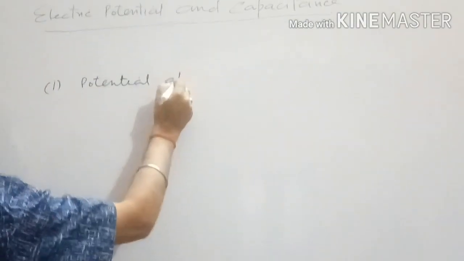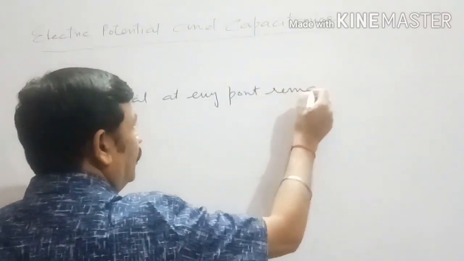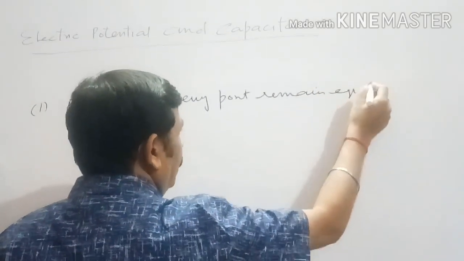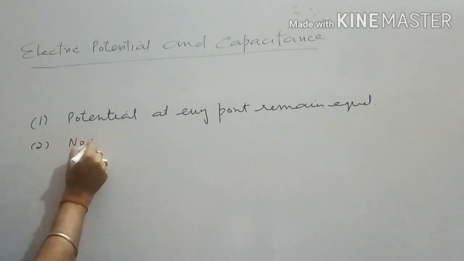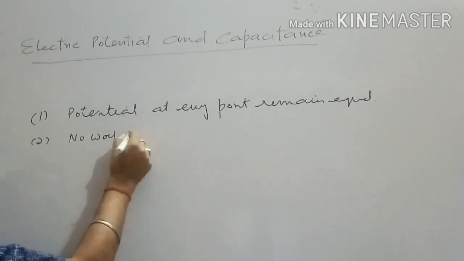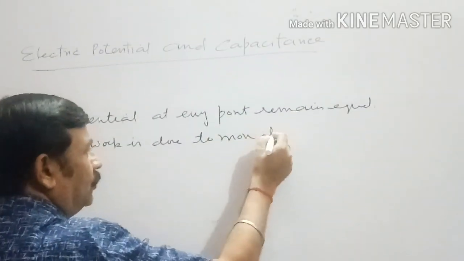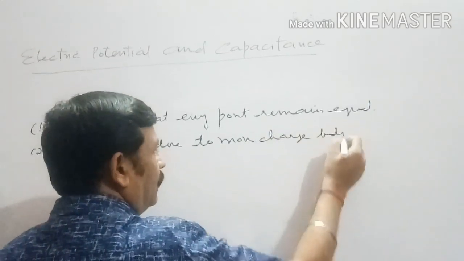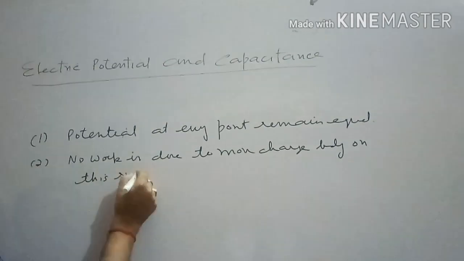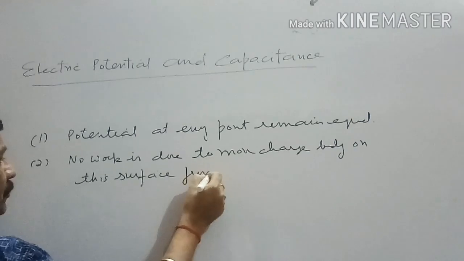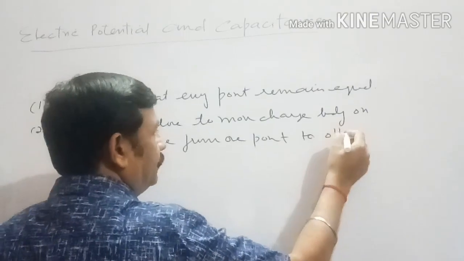potential at every point remains equal. Number two, no work is done to move a charged body on this surface from one point to another.